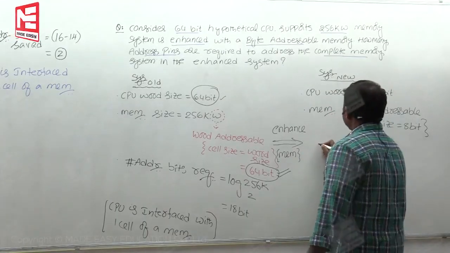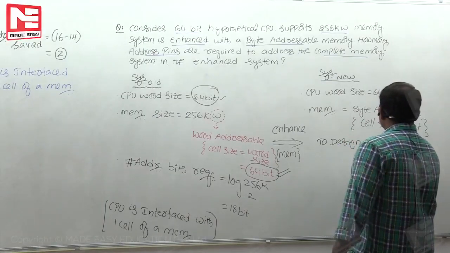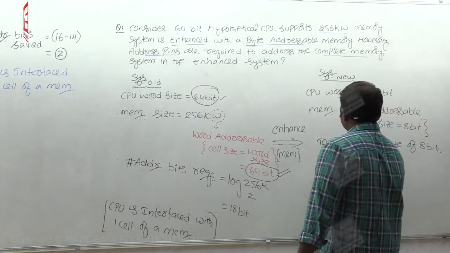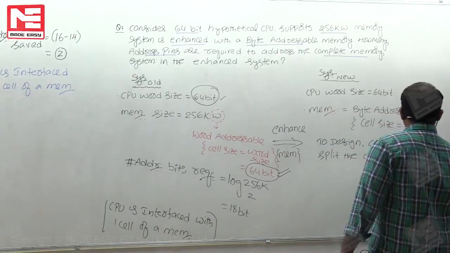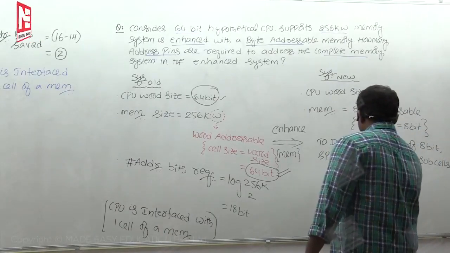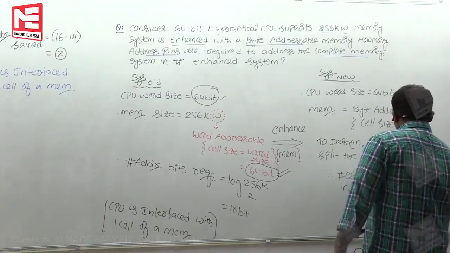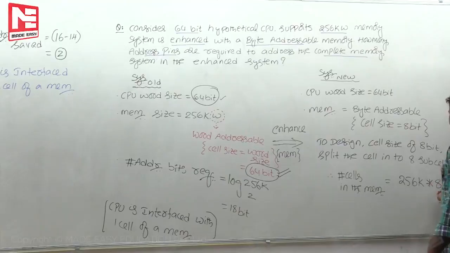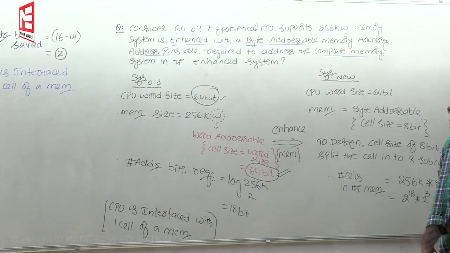So to design a cell size of 8-bit, split the cell into 8 subcells. Therefore, number of cells in the memory equals 256 kilo cells, and every cell is divided into 8 subcells. 256k into 8 becomes 2 power 18 into 2 power 3 cells.